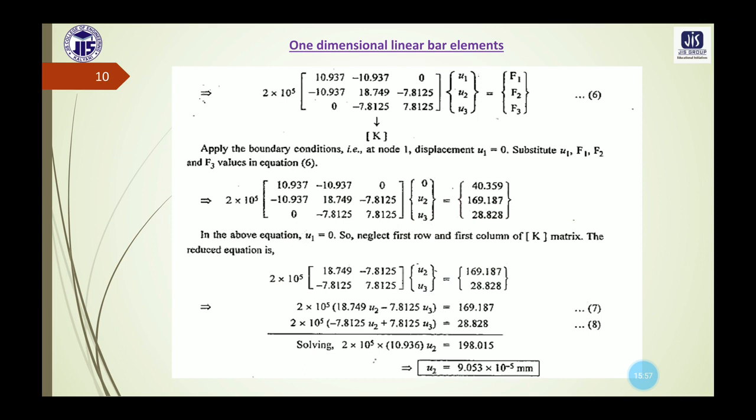Now in this above equation u1 is 0, so that means we can neglect the first row and first column of the K matrix, which is the stiffness matrix here. So finally we are getting the reduced matrix here, and from that matrix if we do the matrix multiplication, then we are getting the equation numbers 7 and 8.